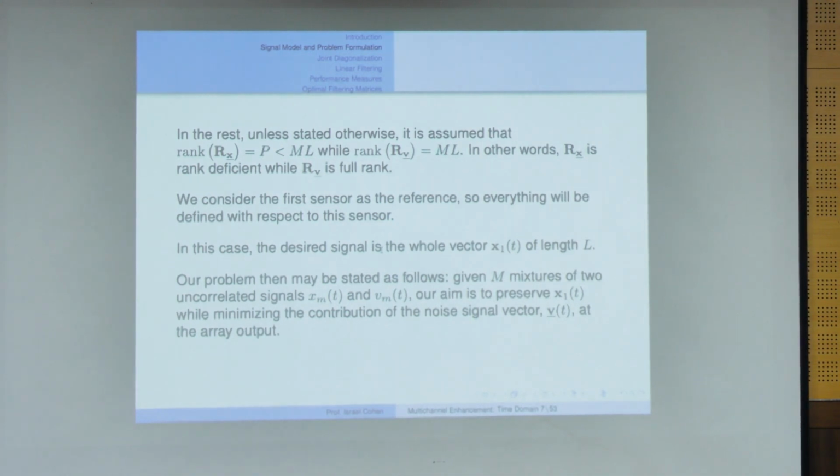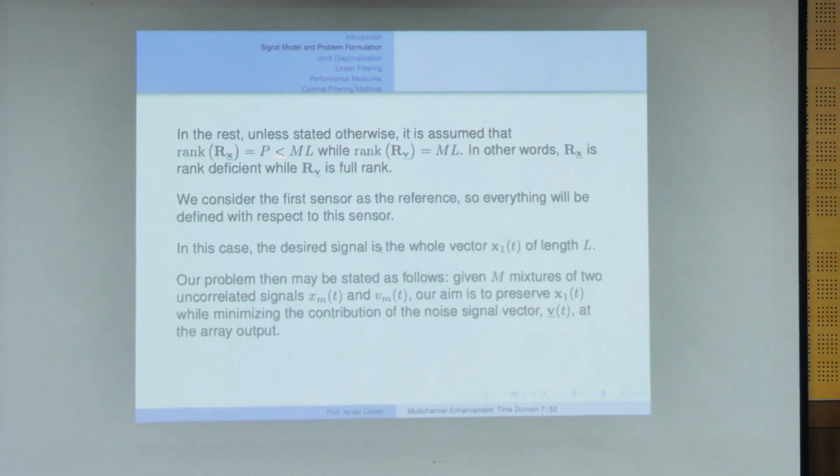You remember that when the rank of Rx is smaller than full rank, we are able to reduce noise even without distorting the signal. This is important, just like MVDR. So we can minimize the noise under the constraint of distortionless response, which is nice.